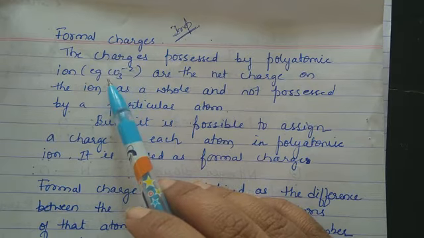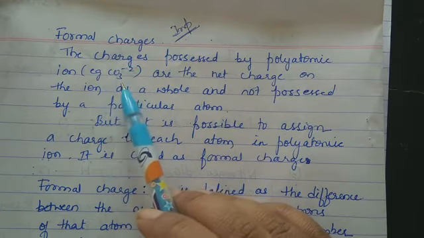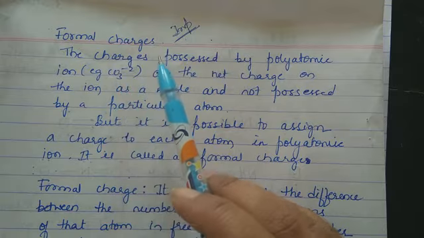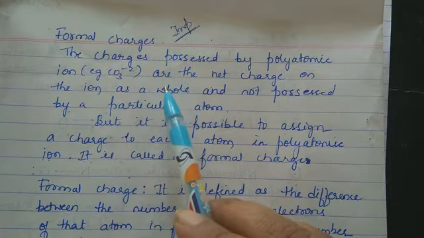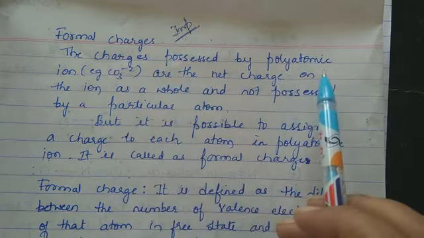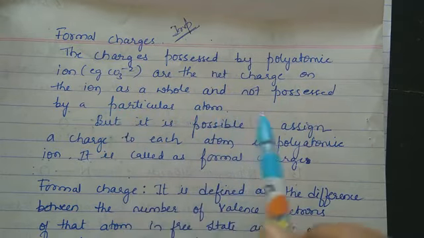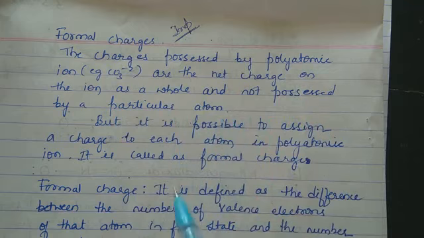Now what is the charge on the carbon atom? We don't know. What is the charge on the 3 oxygen atoms? We don't know. As a whole, what is the charge on CO3? It is 2-. Understood? So the charges possessed by polyatomic ions are the net charges on the ion as a whole and not possessed by a particular atom.